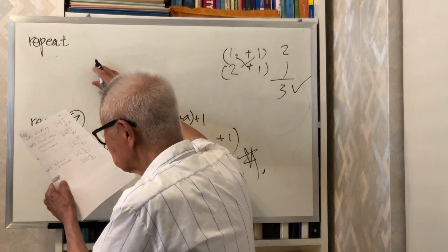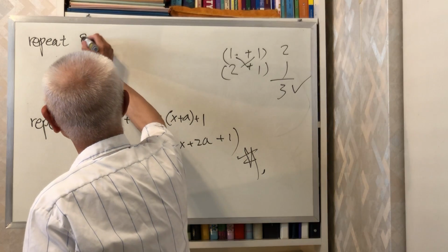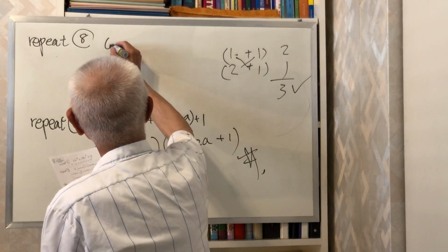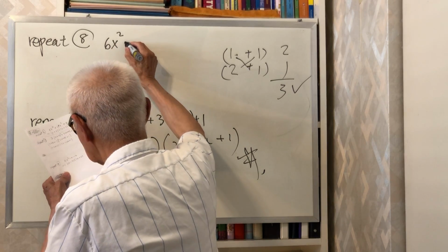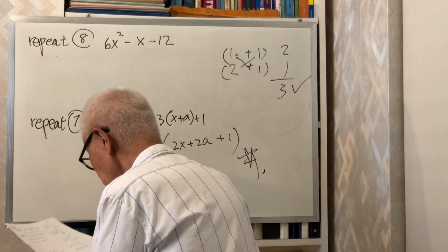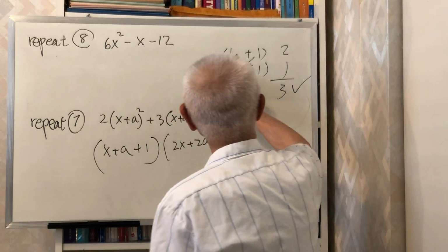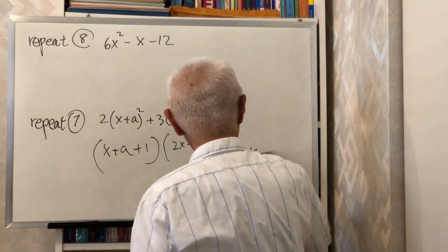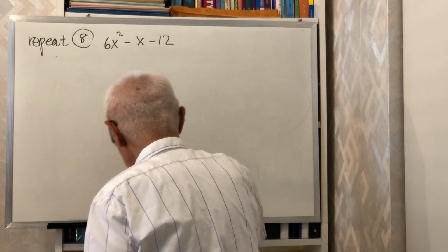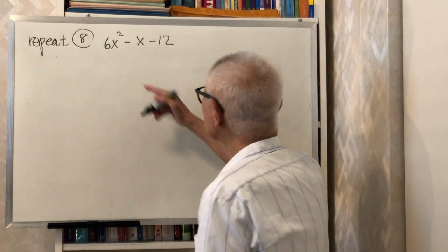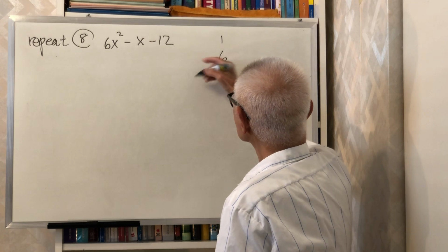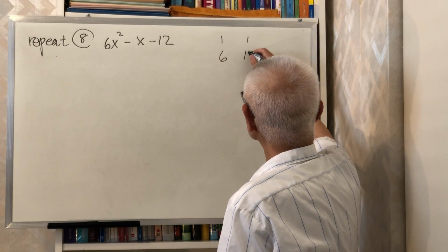Next example is to repeat our example 8. 6x squared minus x minus 12. So what is the result? 6 is 1 times 6. 12 is 1 times 12.